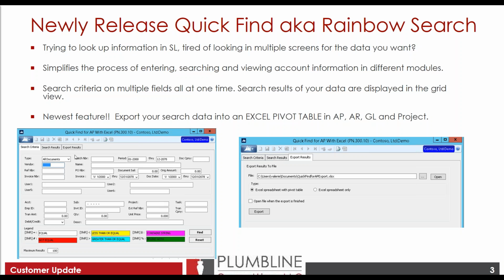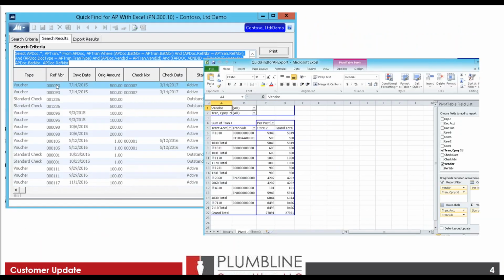Now, one of the nice features that was added to the product is for AP, AR, GL, and Project Controller, you can export the information. You can export the information from your search grid into an Excel pivot table. So that's a great new functionality that comes with those four modules.